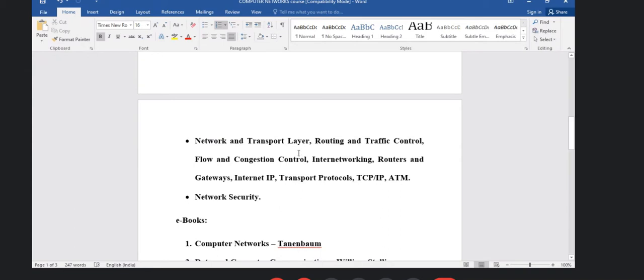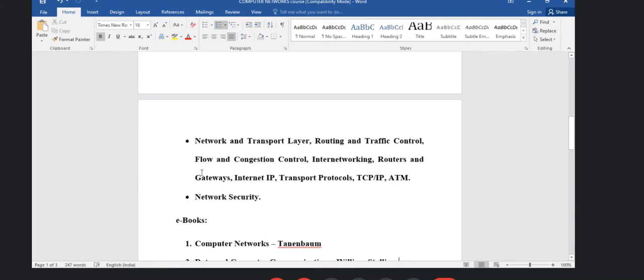Similarly, when we are going to send data through the network, sometimes congestion occurs in a network. So when the network is congested, how could we transmit the data? That will fall under traffic control, flow and congestion. And flow control is different from congestion control.